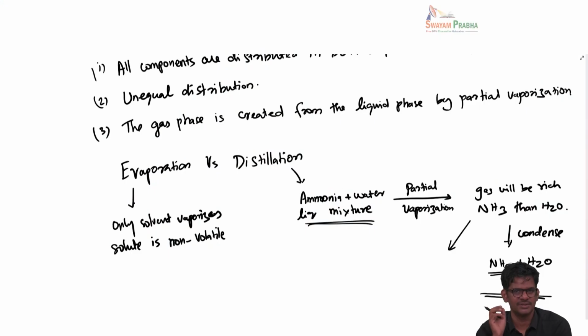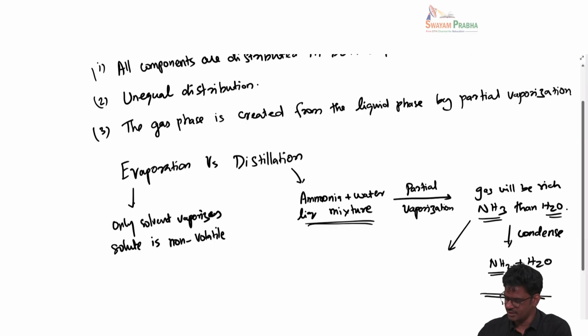The gas phase again you condense into a liquid form, and that would be rich in the more volatile compound, in this case ammonia, and the residue would be richer in the non-volatile compound or less volatile compound, in this case water. So by a simple one cycle of partial vaporization and condensation, you are able to achieve some level of separation. The success of separation depends on how much more volatile ammonia is than water. Okay, as long as one of the components is more volatile than the other, the separation will be more and more effective.